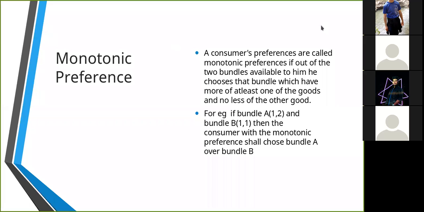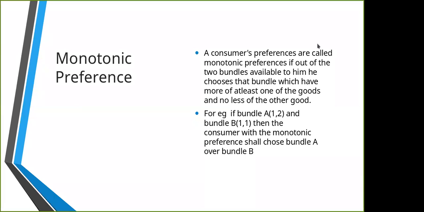As you can see, monotonic preference refers to a situation in which a consumer chooses that bundle of commodity where there is at least one more commodity.